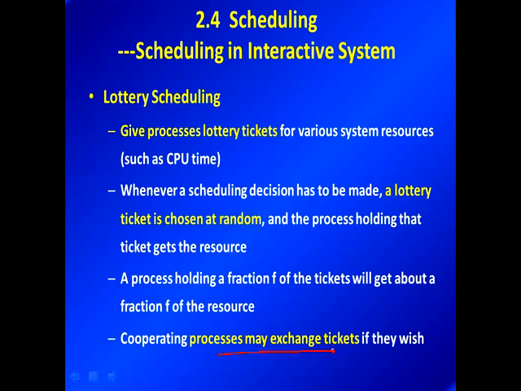If one of them is blocked, then the lottery tickets assigned to that blocked process can be sent to the cooperative process, so that the cooperative process can have more chance to get the CPU, and the two cooperative processes can finish their job sooner. Okay, so this is the basic idea about lottery scheduling.